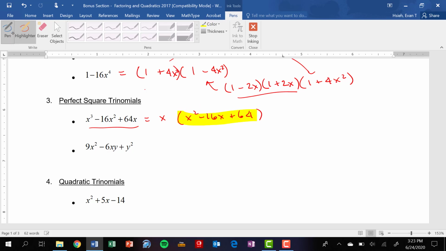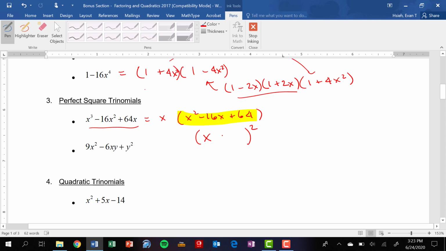Okay? I can hopefully see that I can factor this to something squared. In this case, it's going to be x minus 8, x minus 8 squared. So if I took x minus 8 and squared it, I would get x squared minus 16x plus 64. And so the completed factoring would just be x times x minus 8 squared.